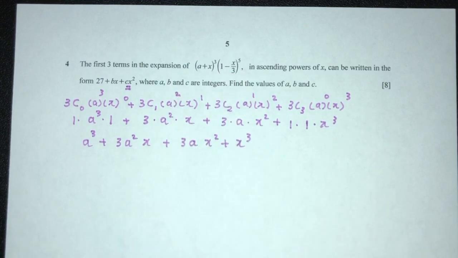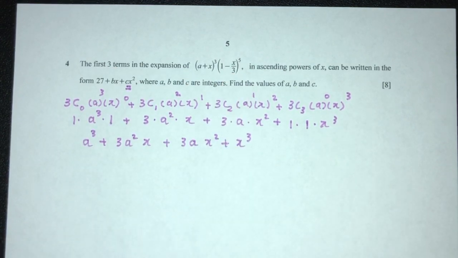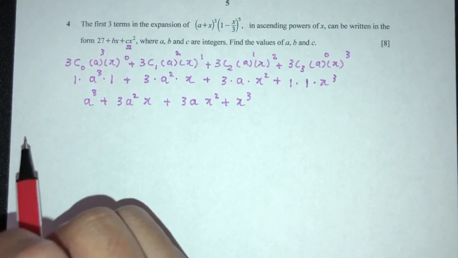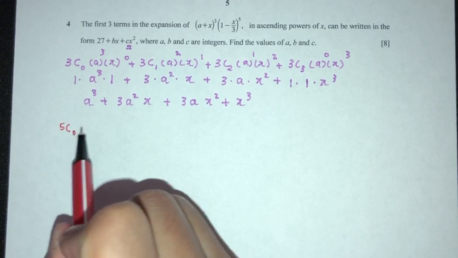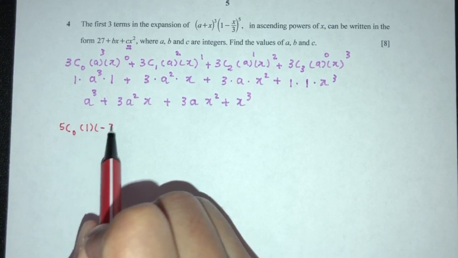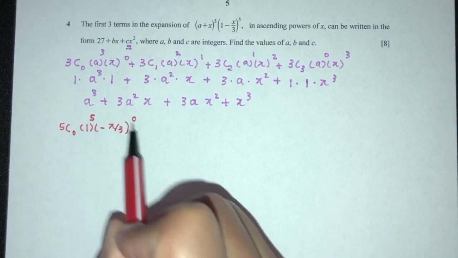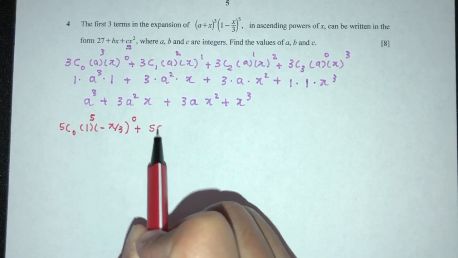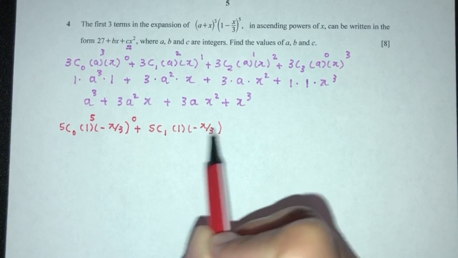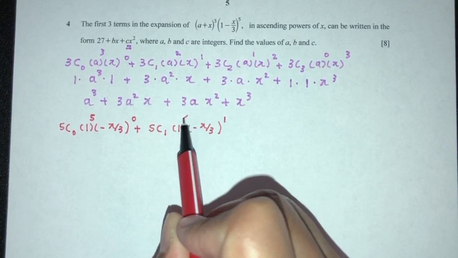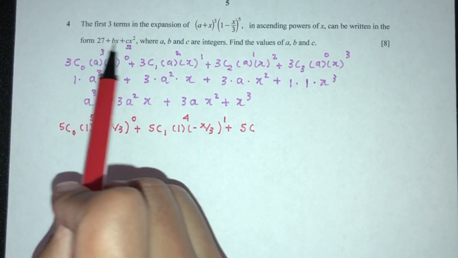How about this one? Now again, we only care about the first 3 terms. We can just expand the first 3 terms of this one as well to see what happens. The first one will be 5 choose 0, times 1 to the power 5, times minus x over 3 to the power 0, and plus 5 choose 1, times 1 to the power 4, times minus x over 3. And we can stop right here because obviously we only need terms until x squared.